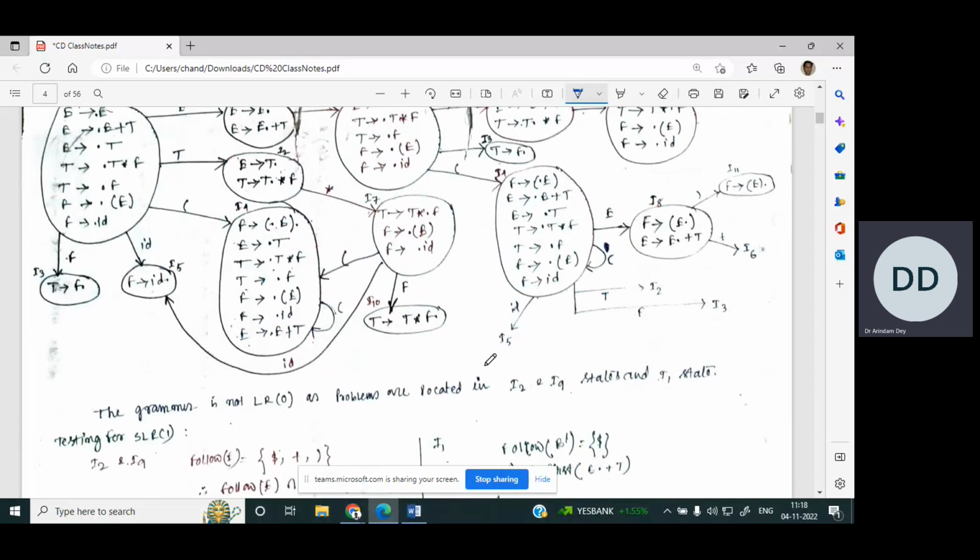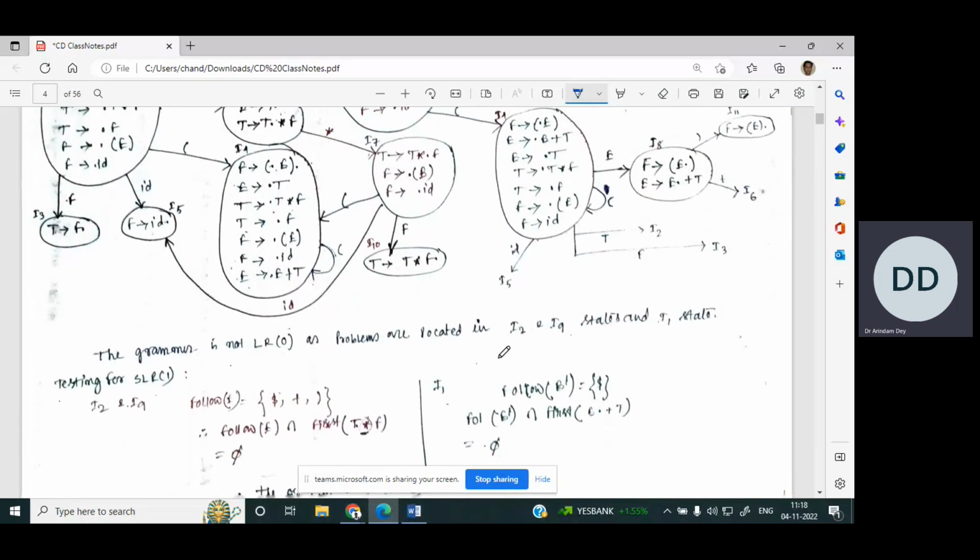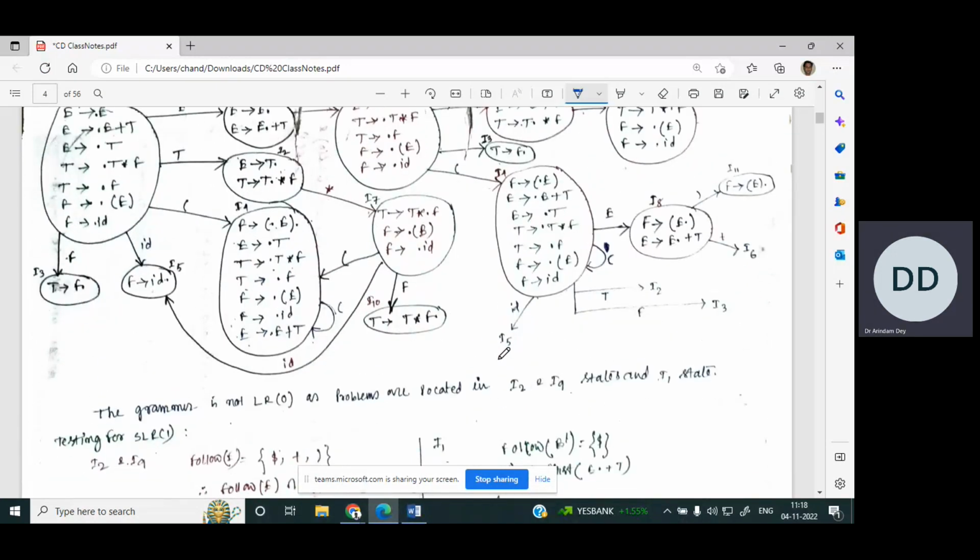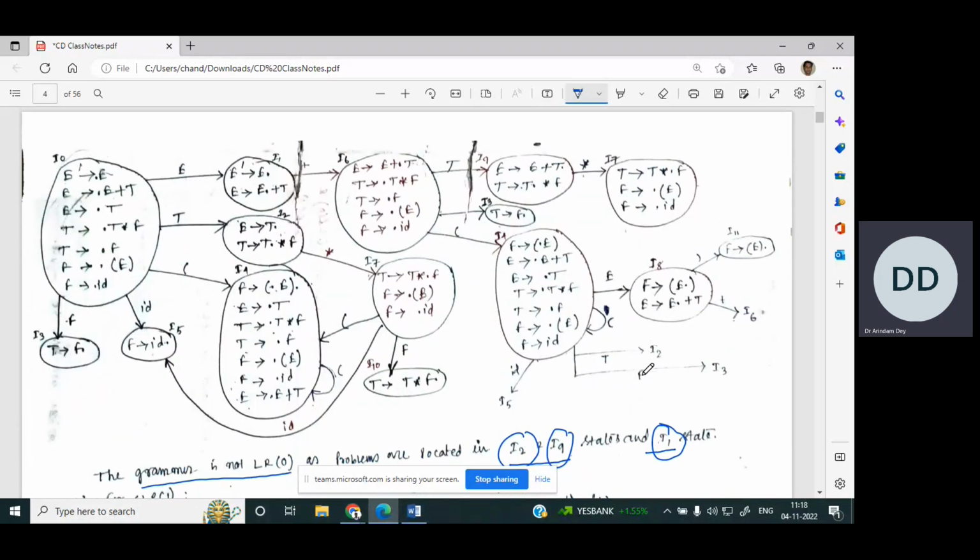Now see, in this diagram also, in the class note also, if you look, you can see that I have given that the grammar is not LR0, as problems are located in the I2 and I9 states, and also the I1 state. Three states are there, I2, I9 and I1, where the problems are located. That means these three states have SR or RR conflict.